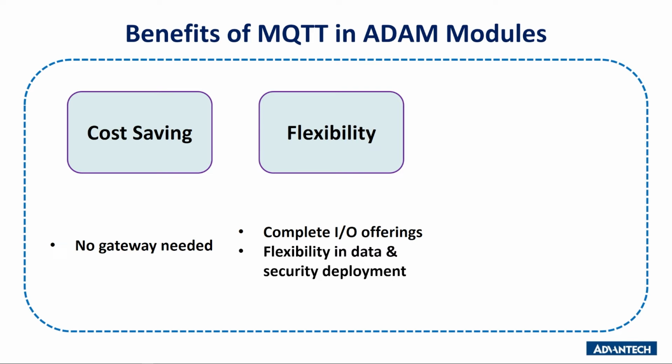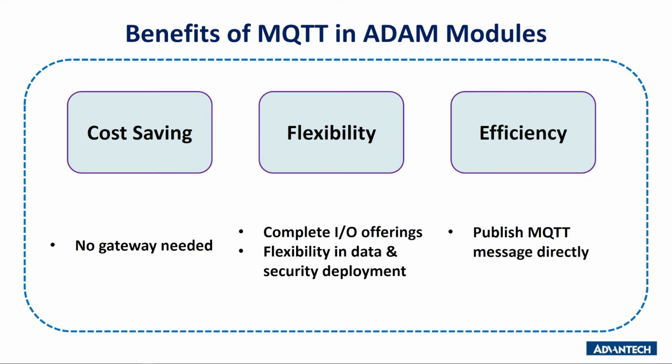The last benefit is efficiency. Since the MQTT data is forwarded to the broker directly, users can customize setting conditions to trigger alarm event notifications with simple configuration, which will be addressed in our next technical setting up course.